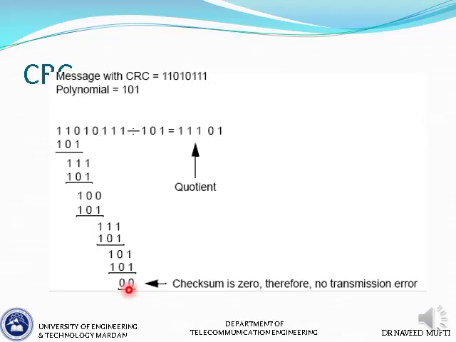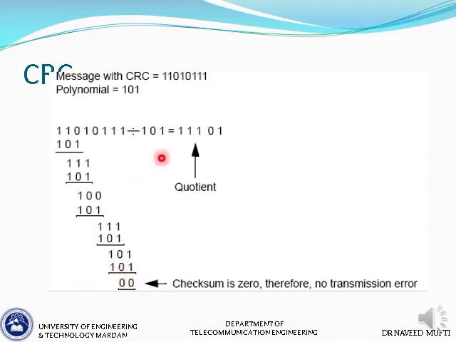The other way the receiver can do it is to remove the extra bits. So remove these 2 bits here and then do the division, just like what was done at the transmitter. So when you don't consider those extra bits and do the division, you get the remainder, which is actually the checksum.